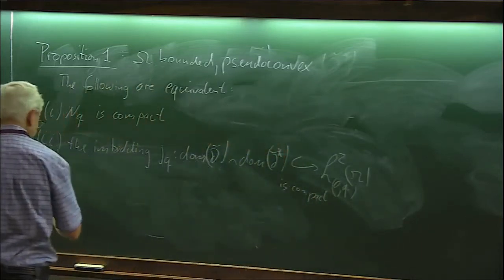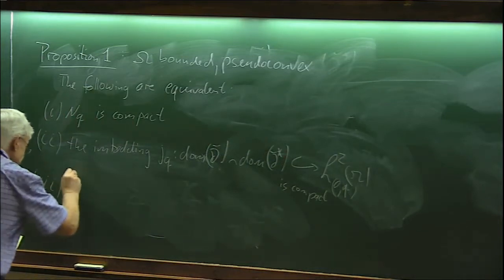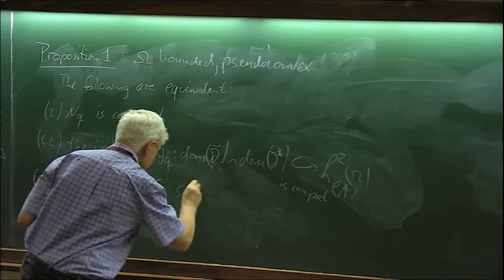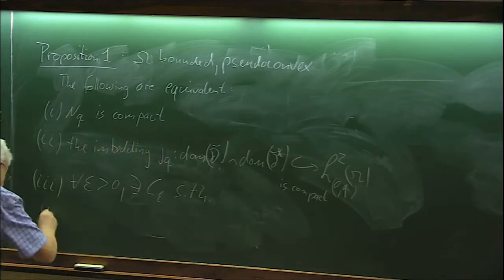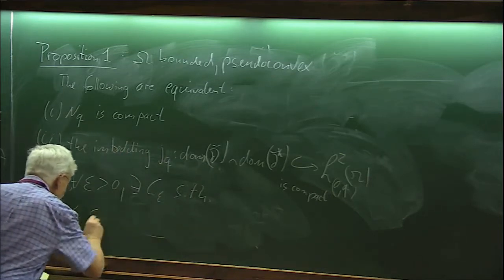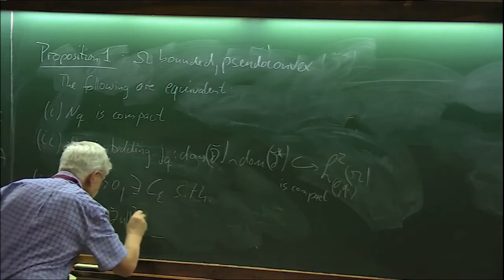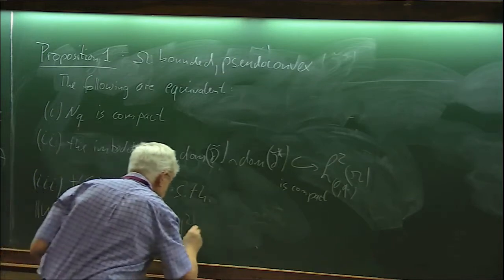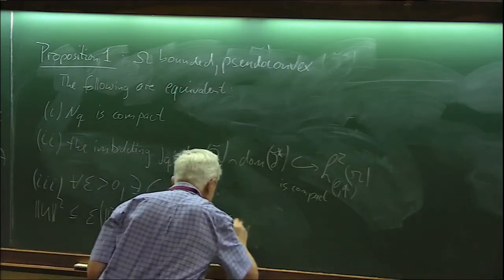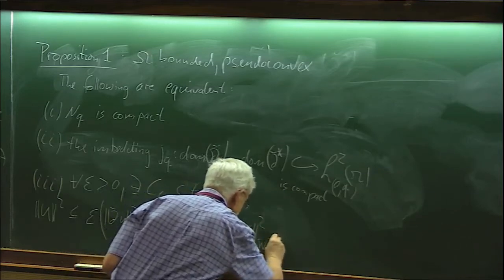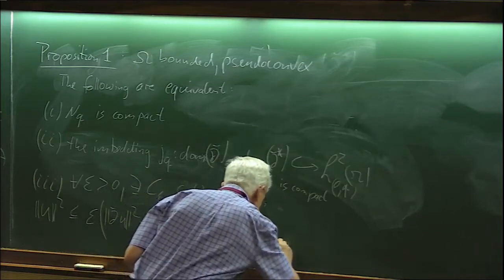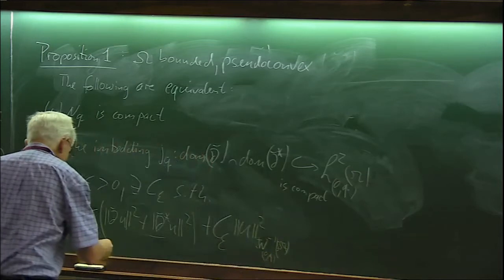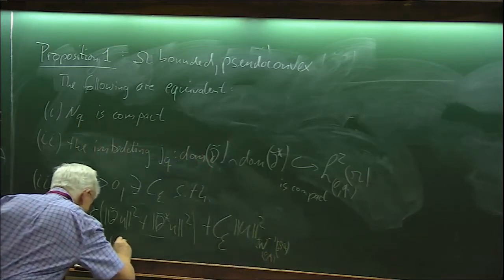Three, for all epsilon positive, there exists C_epsilon such that the norm of u squared is less than or equal to epsilon times the norm squared of d-bar u plus the norm squared of d-bar star u, plus C_epsilon times the W^-1 norm of u squared, for u in L2 0,q. Well, of course, u should be in the domain of d-bar and d-bar star.